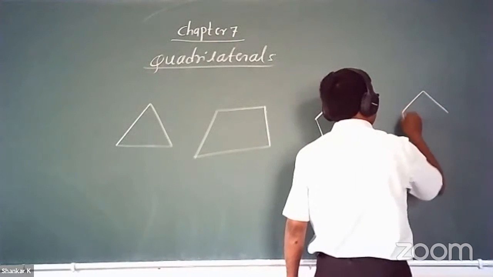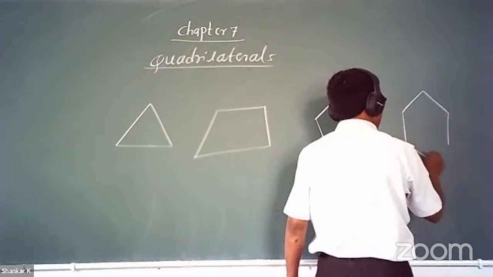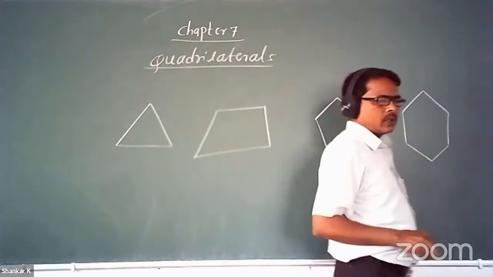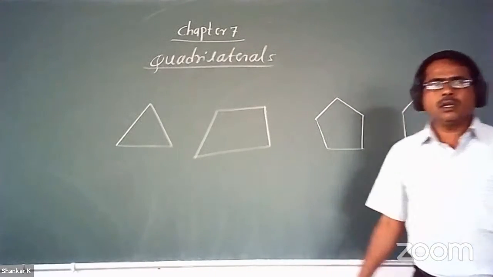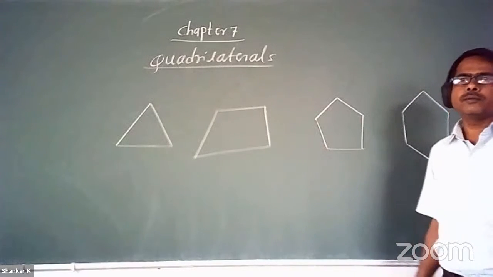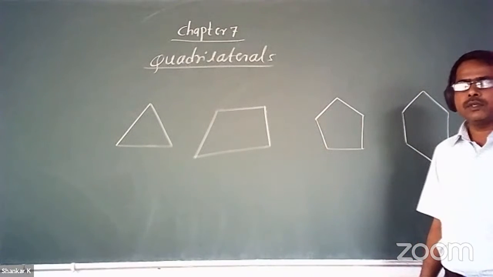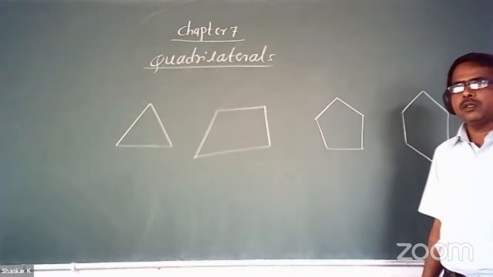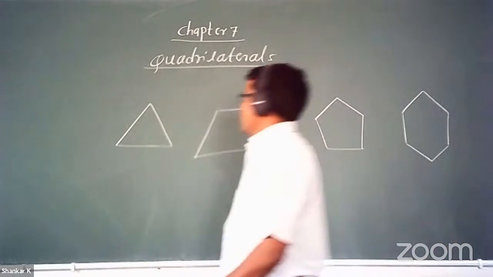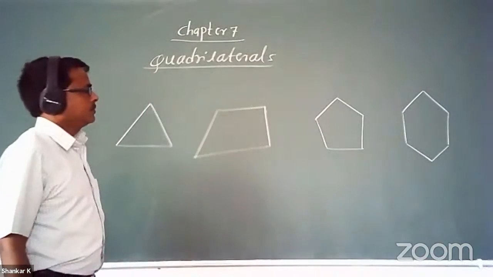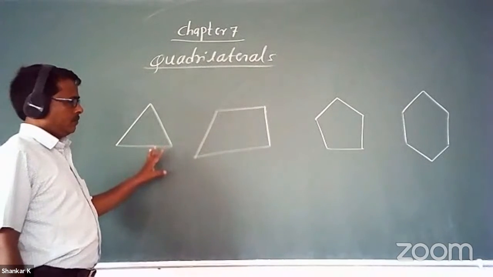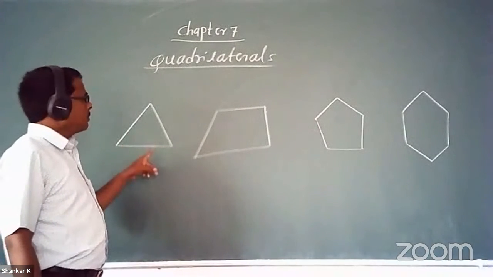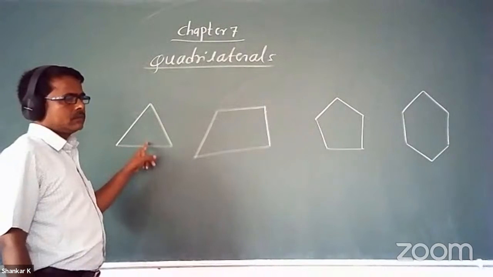A hexagon is also a polygon. What is a polygon? A polygon is a closed figure which has only straight lines, or the figure formed by straight lines and which is closed. It's a polygon.